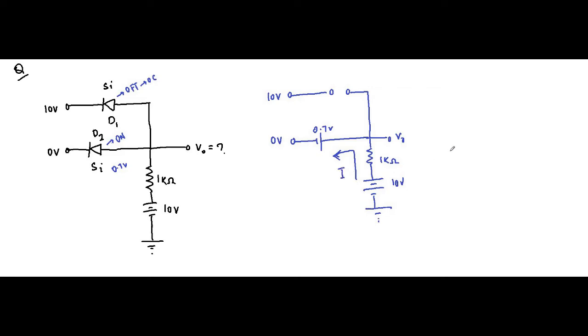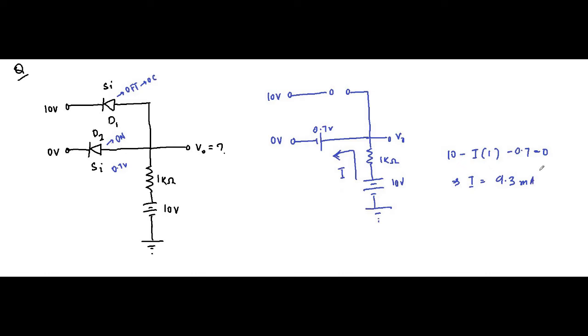A current I will flow like this, and it is 10 minus I into 1 kilo ohm, minus 0.7 equals 0. That implies I is equal to 9.3 milliampere.